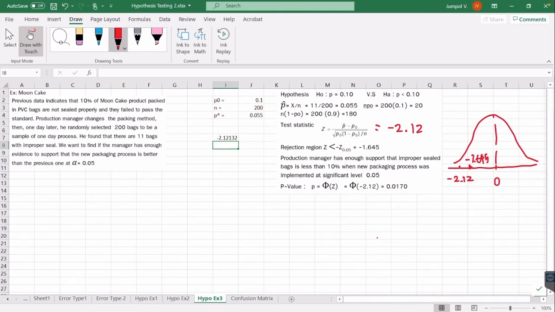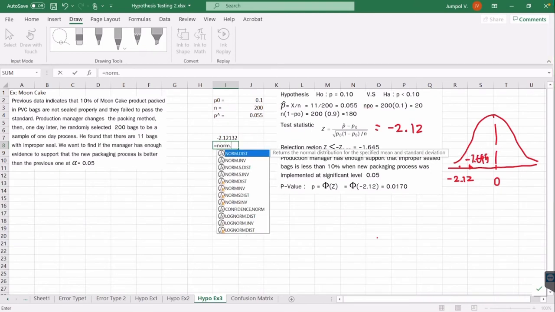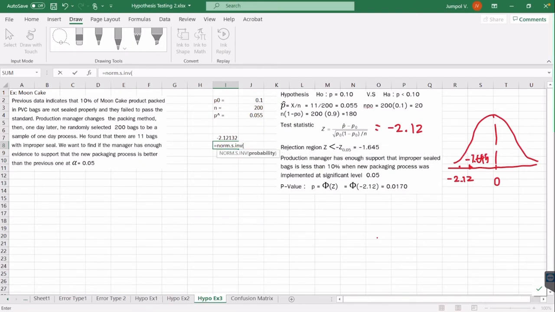Where does minus 1.645 come from? It comes from NORM.S.INV, and then we put the probability here. Our significance level is 0.05, so this is where we get minus 1.645.